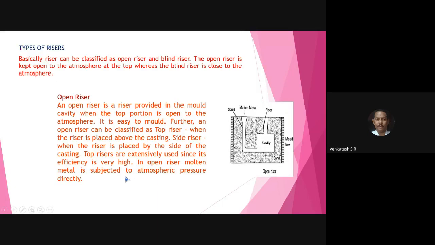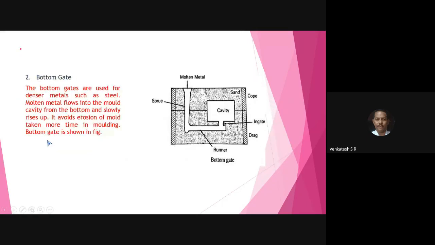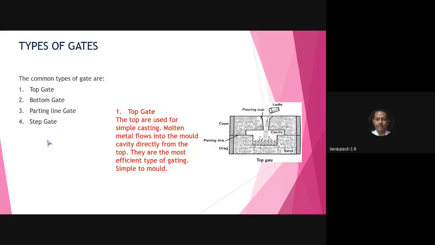Next, come to the point. Types of risers. Before that, all of you write down: Explain briefly with neat sketch the types of gates.